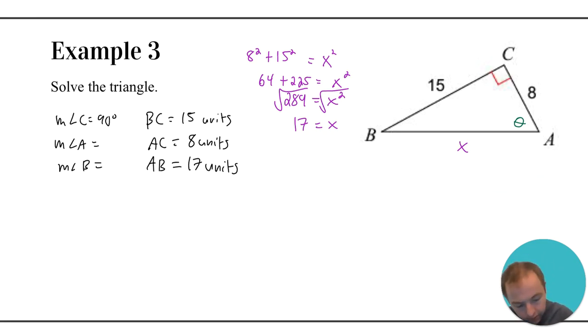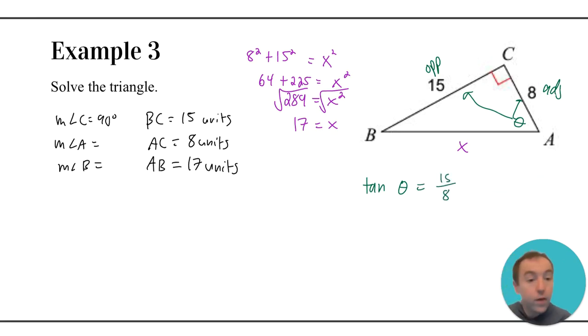So what I might do is reference the opposite side right here, which we know is 15 long, and then maybe this side, which is the other leg right next to theta, which is the adjacent. And so opposite and adjacent could be tangent ratio, right? And then tangent of the angle, which we don't quite know yet, would be equal to the opposite of 15 divided by the adjacent of 8.